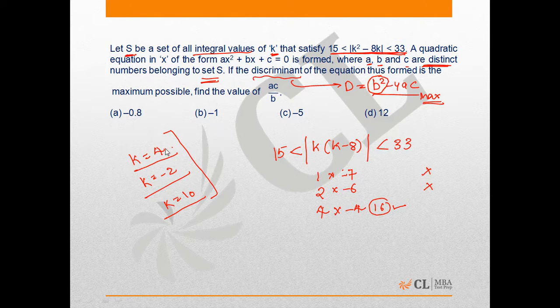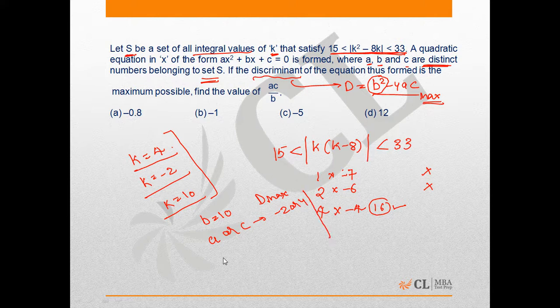Among the three numbers 4, minus 2 and 10, b can have 10, provided I want D maximum. So I can guarantee that b should be 10 for D maximum, and the value of a or c would be minus 2 or 4 in any order.